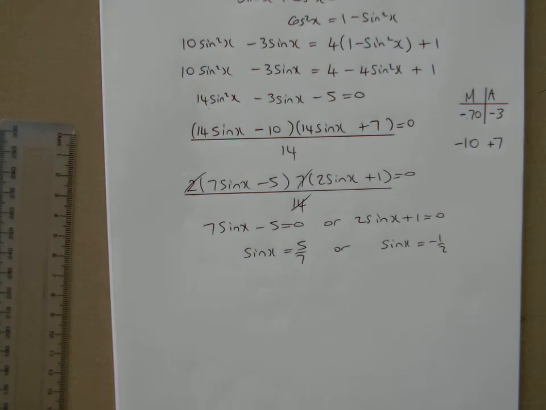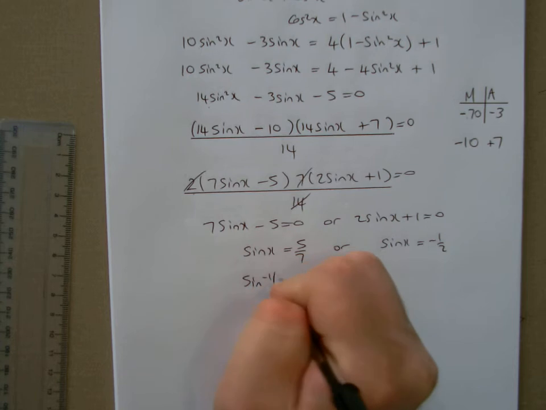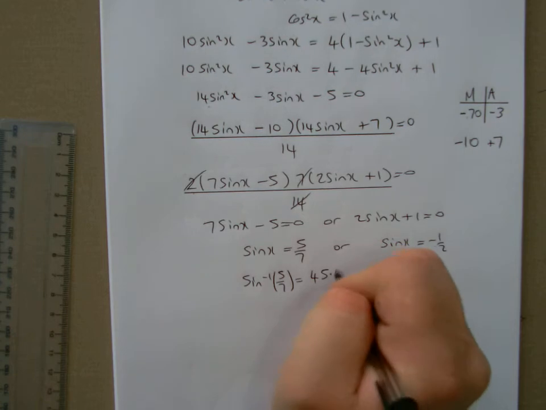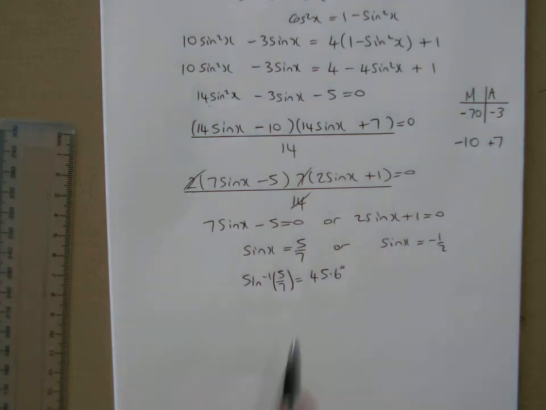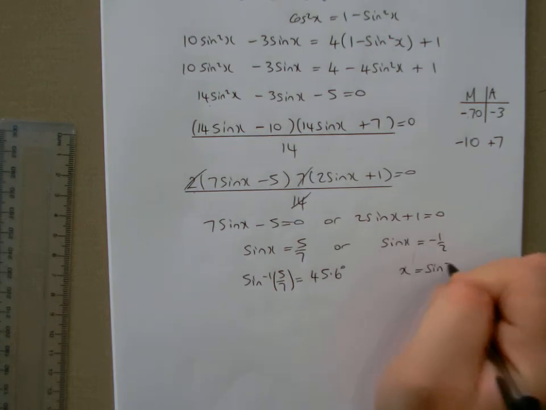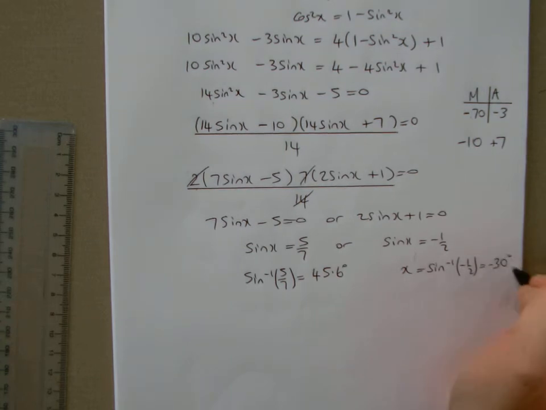So then we've got to use our calculator. We need to work out one of these results: sine to the minus 1 of 5/7. If we work that out on our calculator, we get 45.6 degrees. One result there. To get the x from this other one, we do the same: inverse sine of minus 1/2, and that comes out to be minus 30.